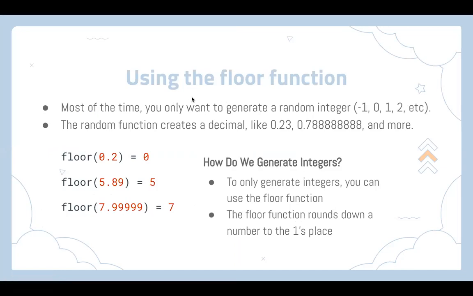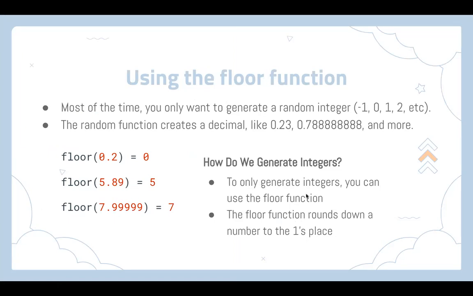Anyway, we're going to use the floor function to help us generate the next closest integer. So the random function creates a decimal like 0.23 or 0.788888888 and more. And we can use the floor function to round the decimal down to the nearest integer. Keep in mind that it will always round the number down.